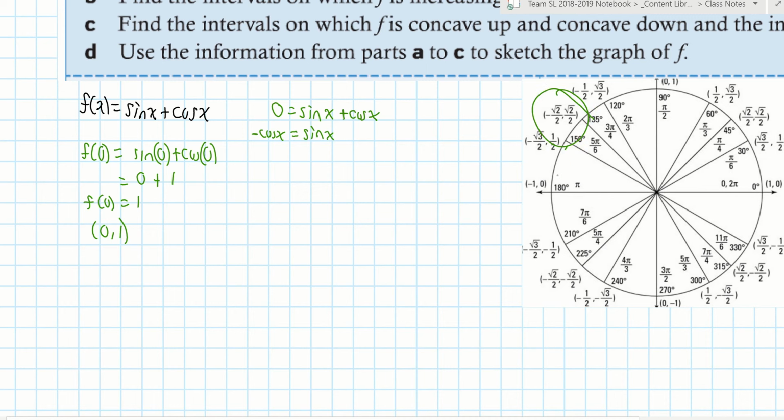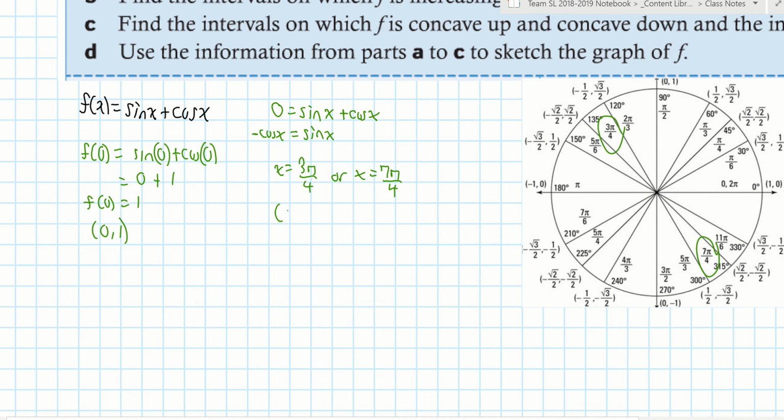I believe right here, and then right there. So what x values are those? 7 pi over 4 and 3 pi over 4. So x equals 3 pi over 4, or x equals 7 pi over 4.